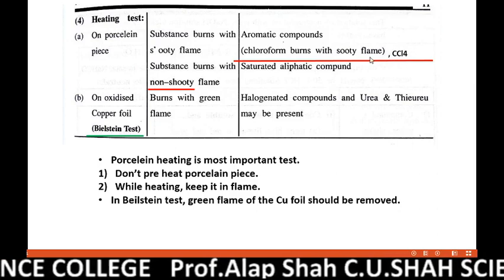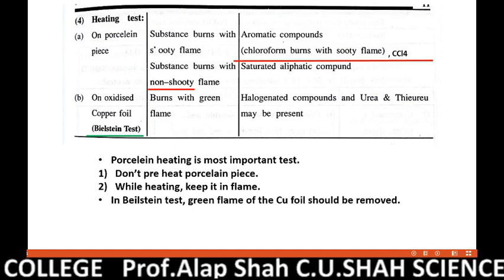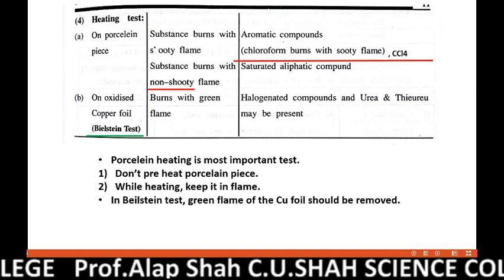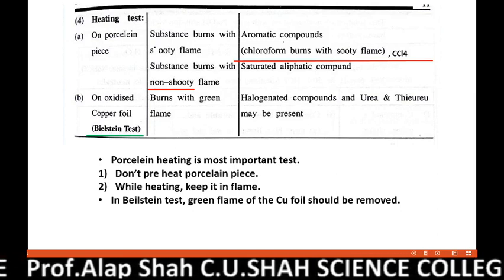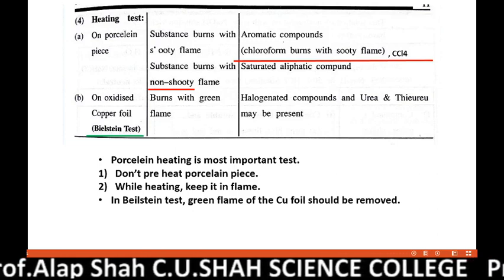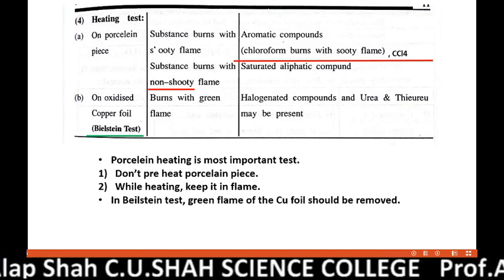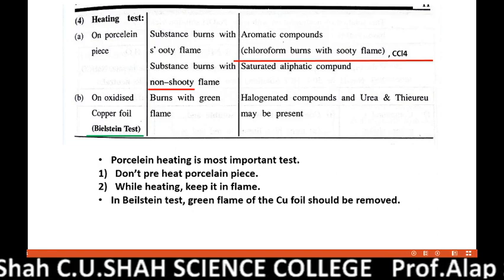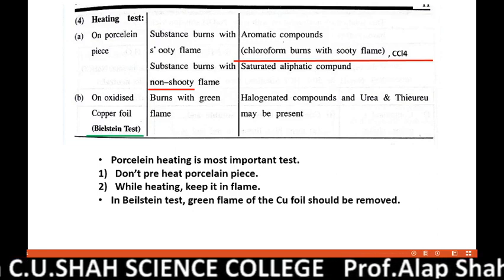You can see that these two substances don't have an aromatic ring in their structural formula, so they are not aromatic compounds, even though while performing porcelain heating, exceptionally they burn with a sooty flame. This question is very common in organic practicals: exceptional compounds like chloroform and carbon tetrachloride are not aromatic, but they burn with a sooty flame.